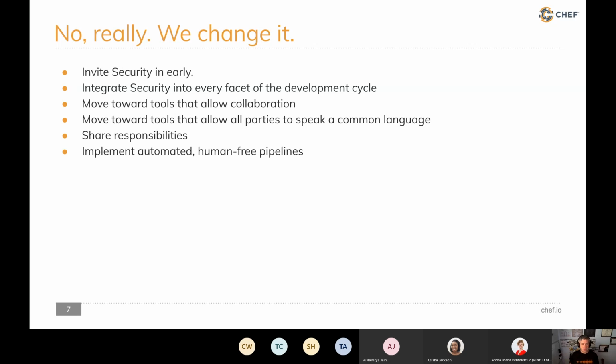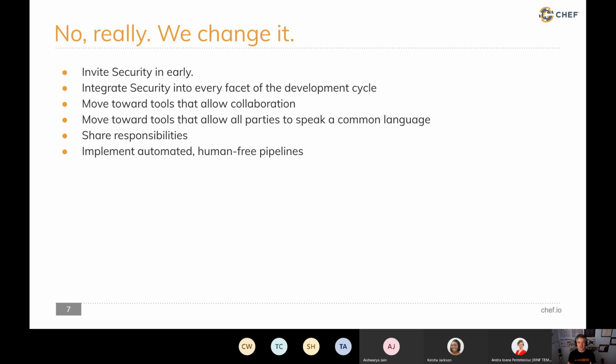They should be integrated into every facet of that development cycle. Having said that, this doesn't mean that we bow to security's every whim, right? Security wants to make things as secure as possible, and we have to find this balancing act between making things secure enough while still maintaining enough usability for whatever thing we're building to be usable for people.